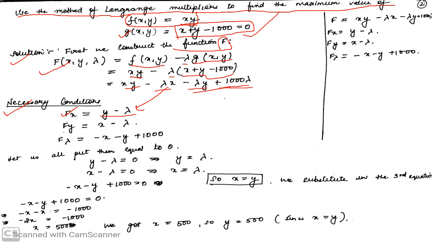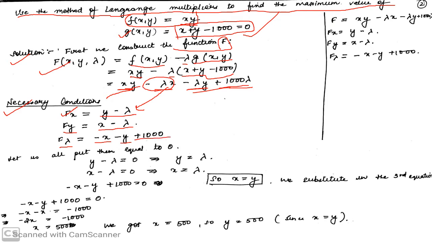Now fy will be x minus lambda. Now f lambda, with respect to lambda, will be minus x minus y plus 1000.